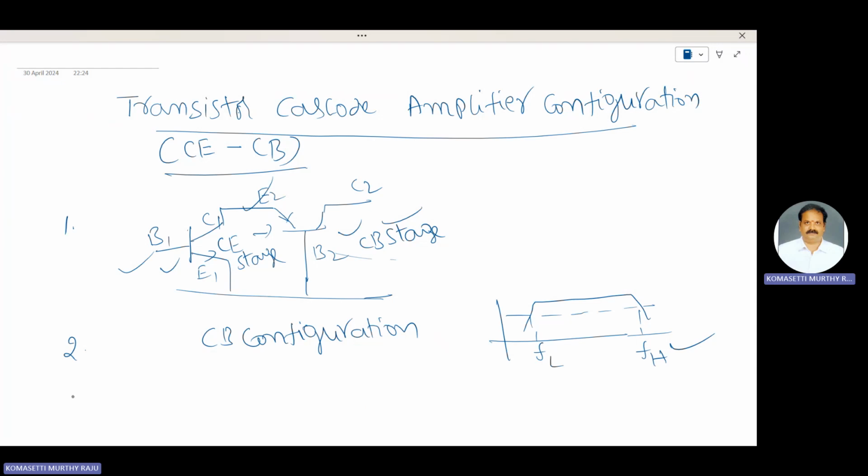Another important point: the cascode configuration is designed to have the input impedance essentially that of the CE amplifier.